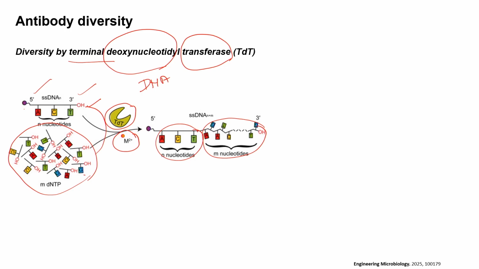This is very important at the level of detection, and also at the level of doing mutational analysis. This phenomenon of TDT has been used for multiple molecular biology processes such as rapid amplification of cDNA ends, which is called RACE.